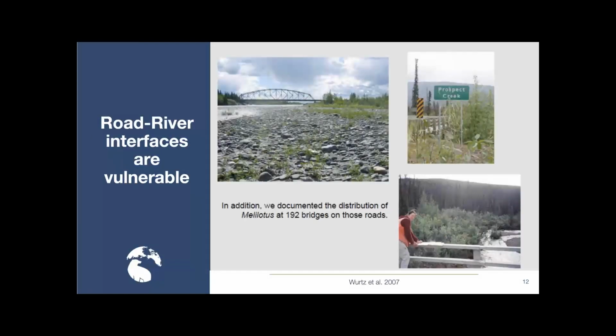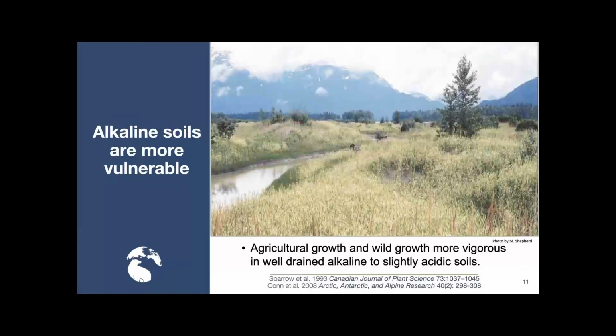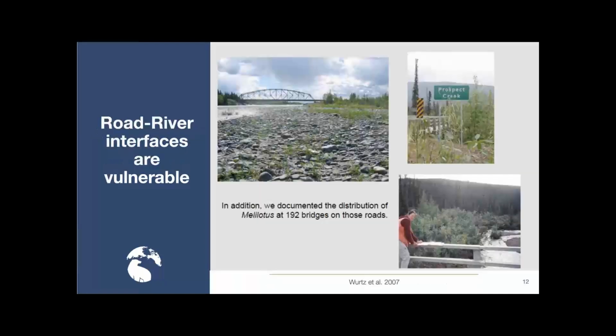And one thing Jeff Kahn did find was that the braided river basins, which had soils more alkaline than the roadsides, tended to be more vulnerable.